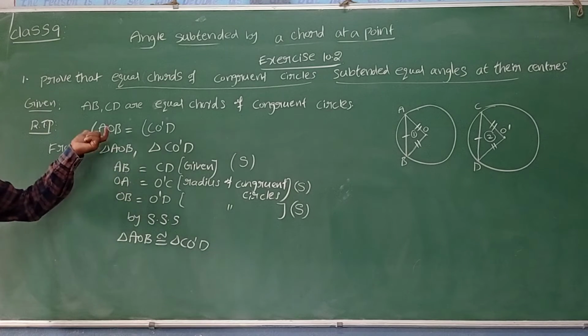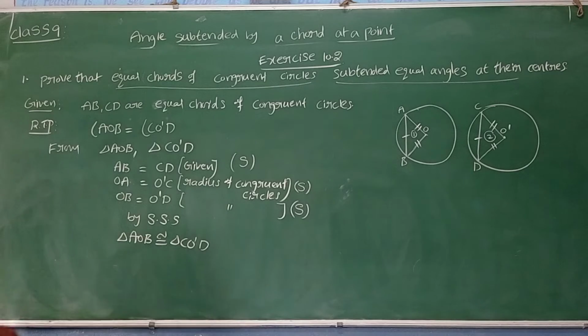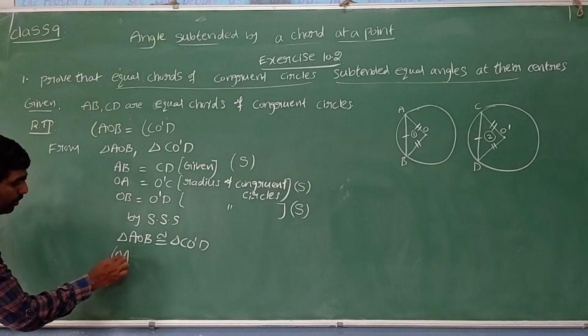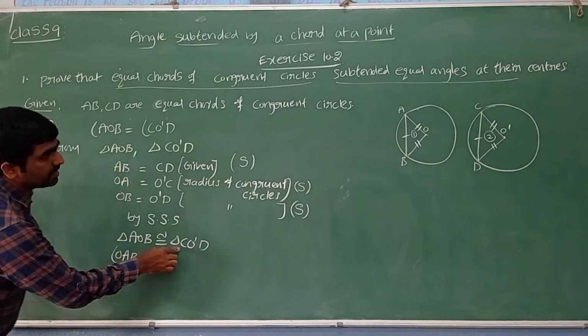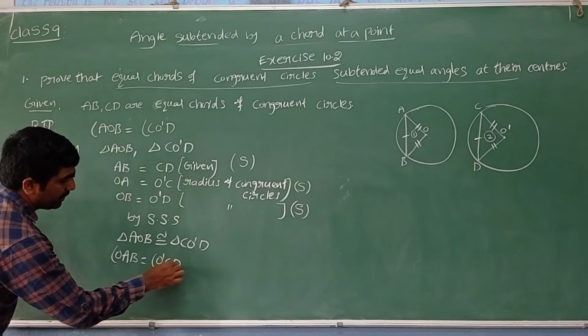Why? Because I want to prove these angles are equal. So angle A in the first triangle we can write OAB. Angle OAB is equal to angle C in the second triangle, angle O dash CD.